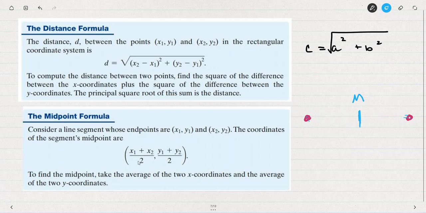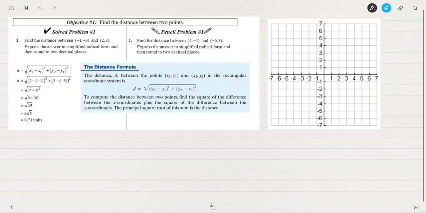The average, when you have two things, is you add the two up. So add the two x's and divide by 2 because there were 2 of them. For the y's, add the two y's and divide by 2. So the midpoint formula is easy because it's just the average between 2.